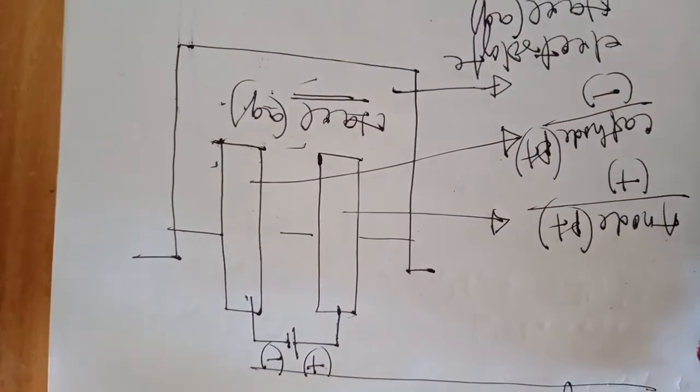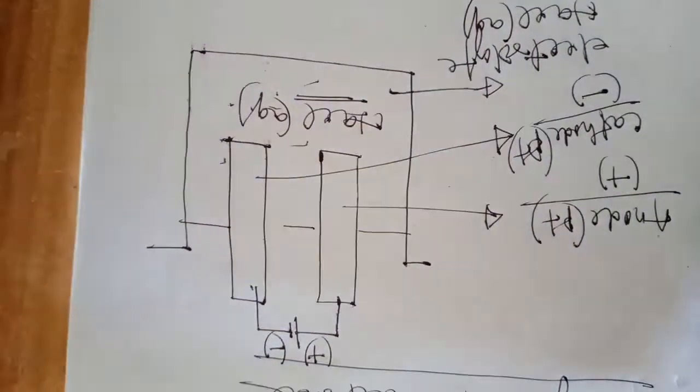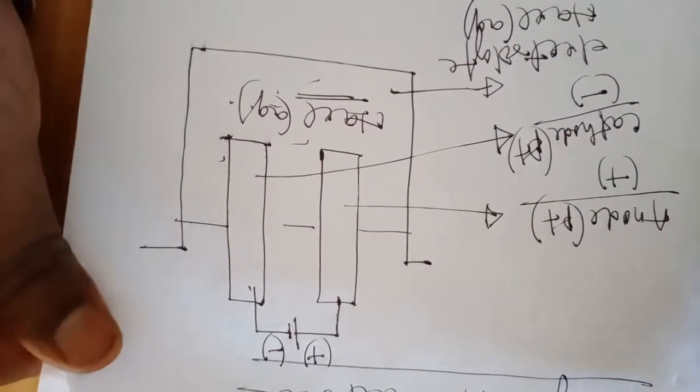That means we are doing electrolysis of an aqueous NaCl solution using platinum electrode.